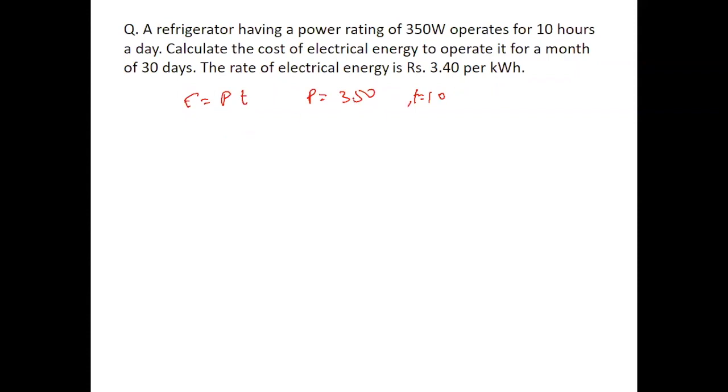We convert into kilowatt, because the rate is in kilowatt hour. So energy consumed is 350 divided by 1000 into 10 hours. So this 0 is cancelled. So it's 3.5 kilowatt hour, right?